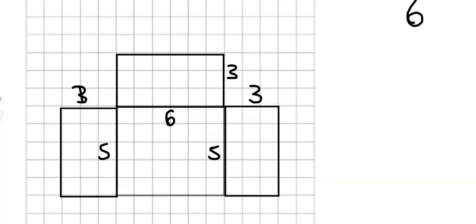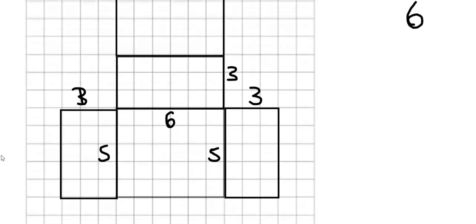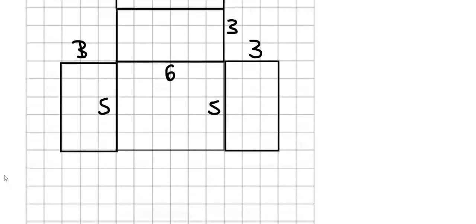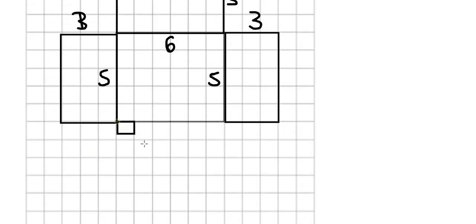So, where can I put 6 by 5? Above here, isn't it? That's 6 by 5, is it? Oh, that's too large. Oh no, I am right. 6 by 5 is here, is it? Okay. How many sides do I have now? 5. And then look, if I do one more 6 by 3 down here, how many do I have now? 6. There you go.